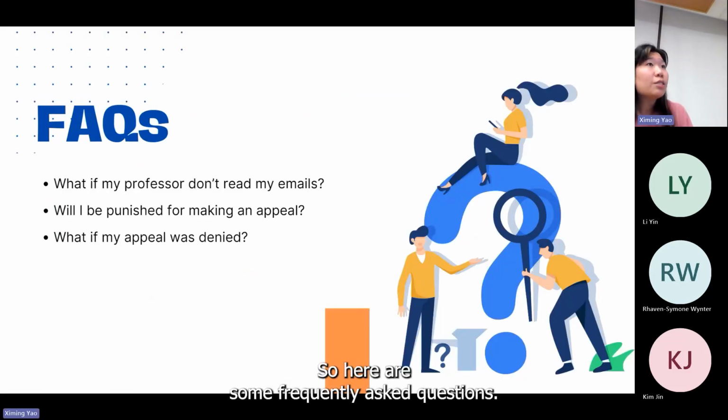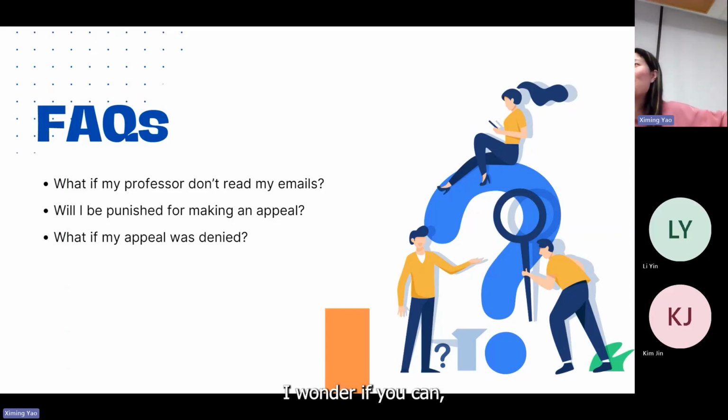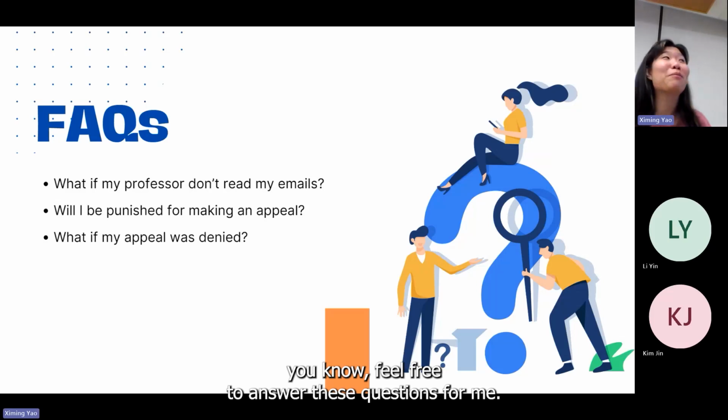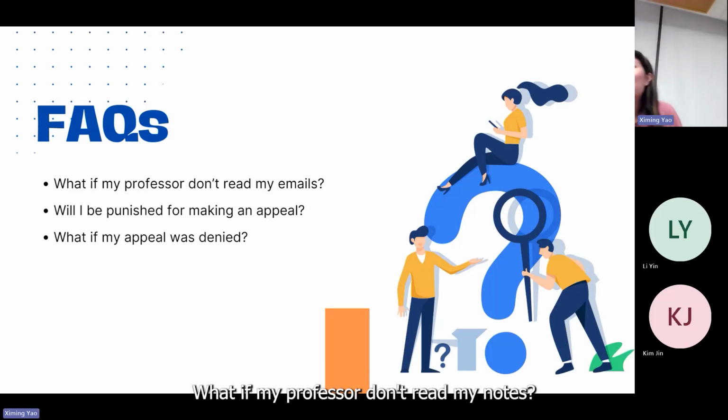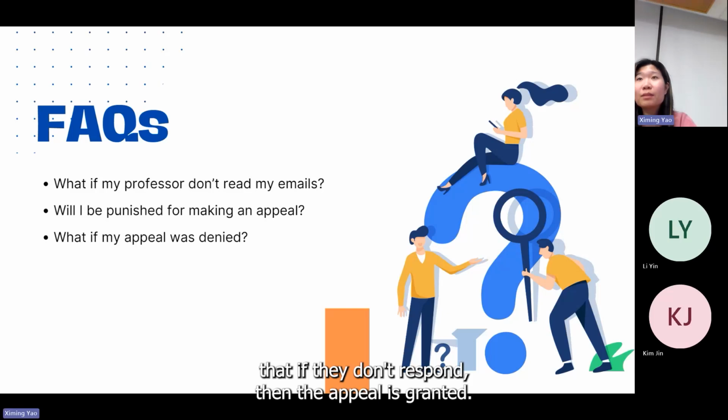So here are some frequently asked questions. These are pretty much all mentioned in the presentation earlier. Feel free to answer these questions for me. What if my professor doesn't read my notes? One of the sections said that if they don't respond, then the appeal is granted.